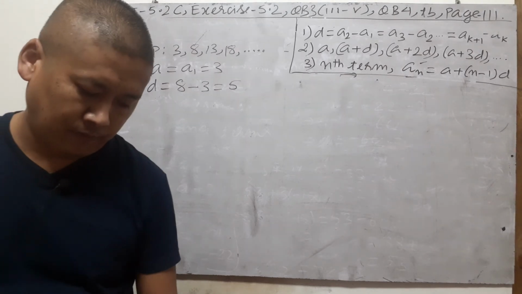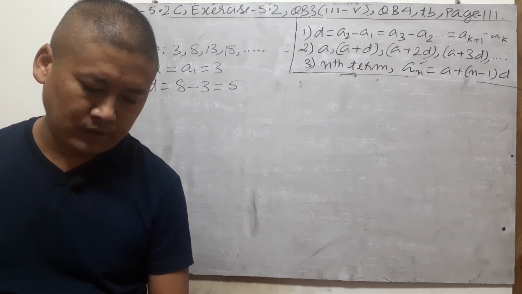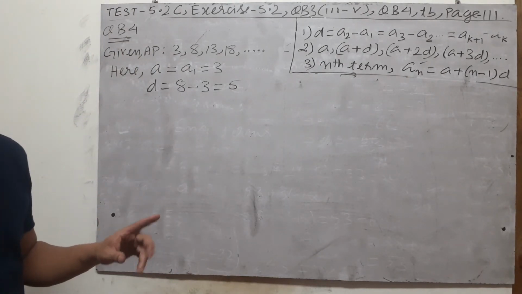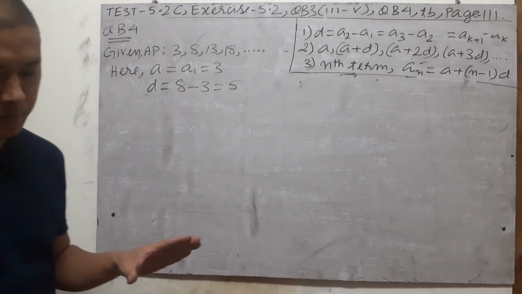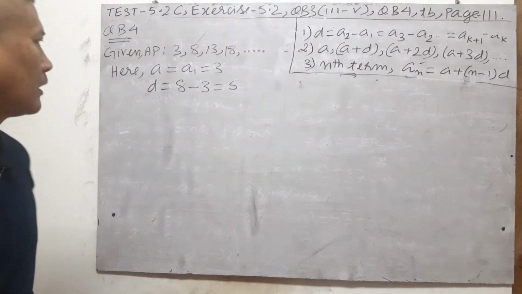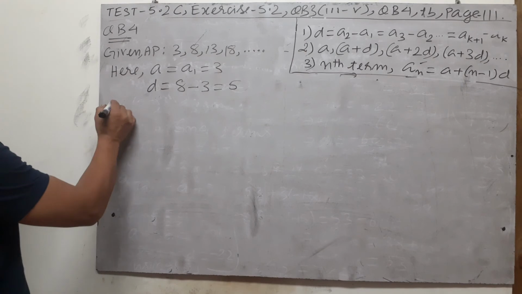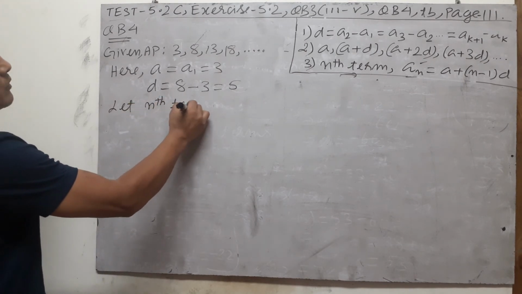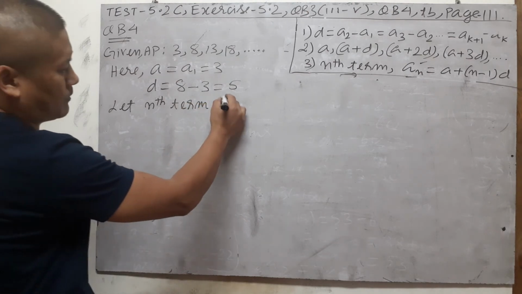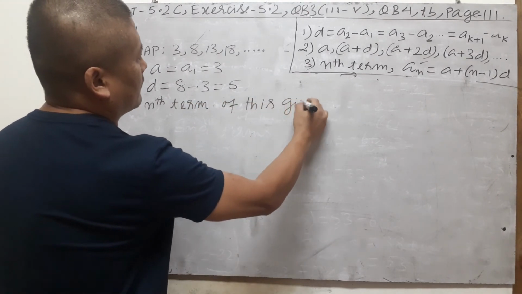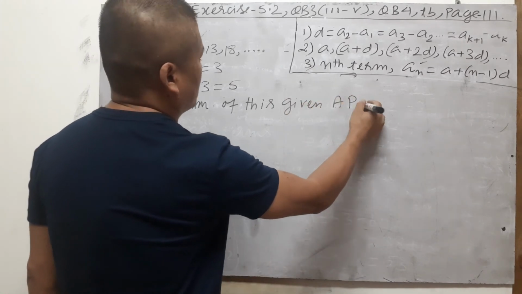Now they are saying find the term which is 78. Which term has the value 78? Is it the fifth term, a third term, like that? So for that, let the nth term, we don't know, of this given AP, be having the value 78.